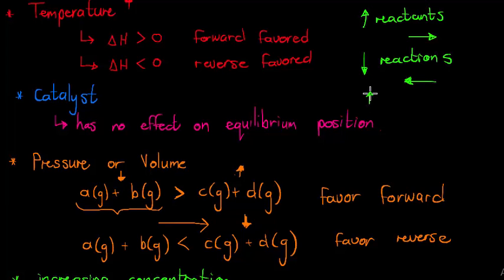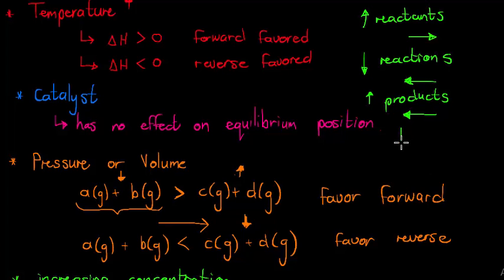When I increase products, okay, I put more of the products in the closed system than I had before. That means there's more likelihood of successful collisions in the products, which means I'll favor the reverse reaction.